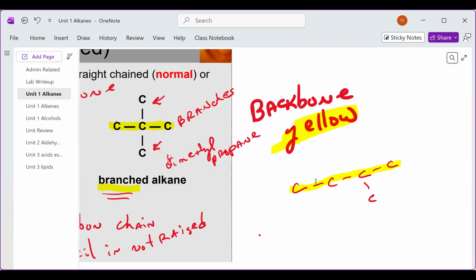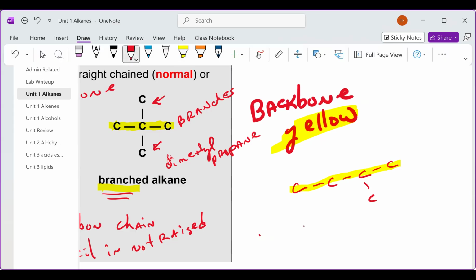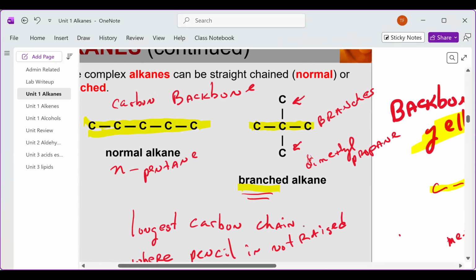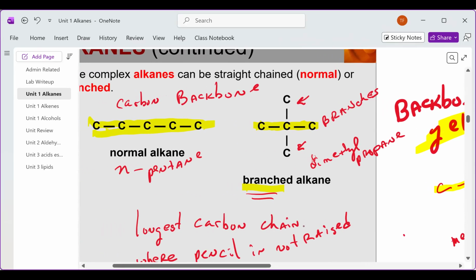This would be methylbutane, and we'll get to how to do that in a second. So that's methylbutane, dimethylpropane, and N-pentane. All have 5 carbons, different molecules totally.